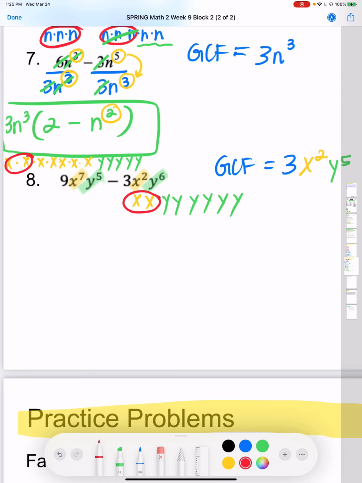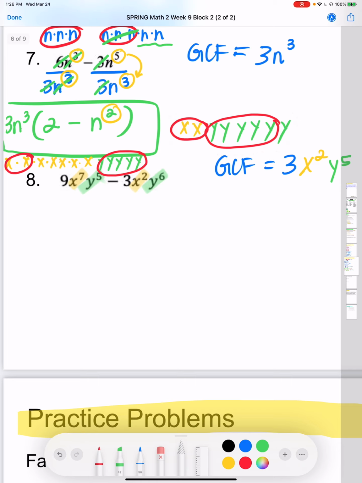And for my y's, I can factor out 5 here, which means I can only factor out 5 here. I can't factor out more than 5 y's because I wouldn't have enough with my first term. I can't factor out more than 2 x's because I wouldn't have enough with my second term. That's why I picked those numbers. You could technically only factor out 1 x, but remember, we're thinking of greatest common factor, so we want to factor out the greatest number possible.